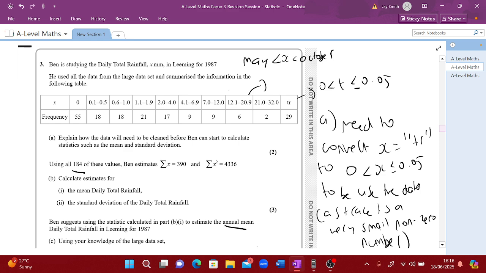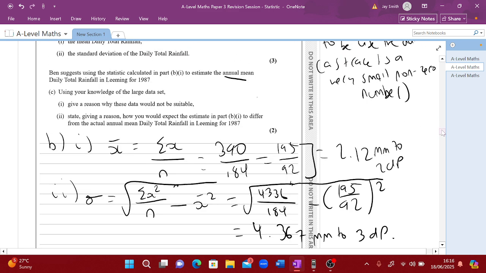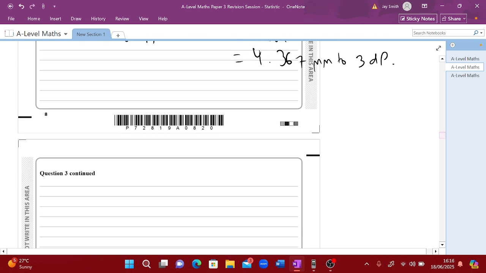That's part of the data set knowledge. Well, that's the summer months, isn't it? So, first of all, it's not suitable, because if you want to use it to calculate the annual mean, you're kind of extrapolating the data, because you're using it to assume other values that are outside the data set, so outside the months you studied.